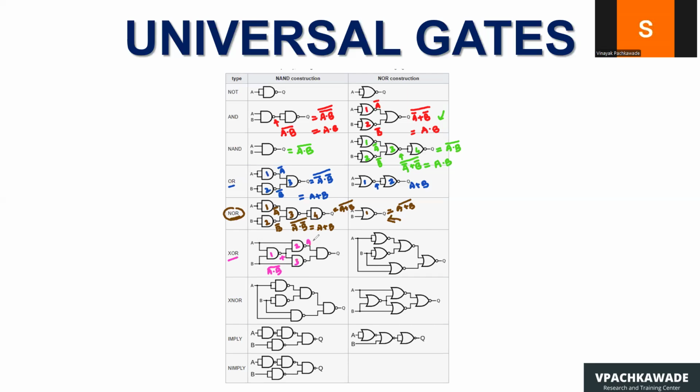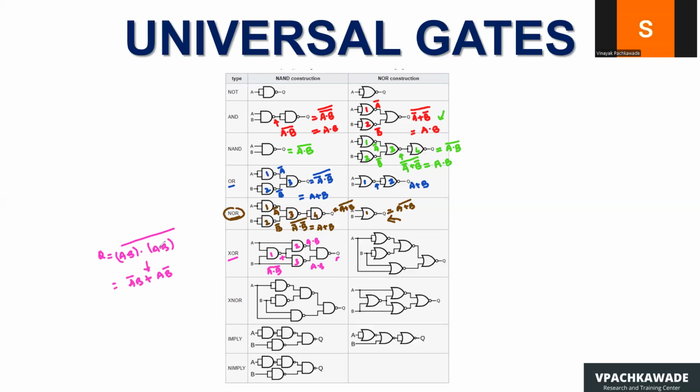Therefore, the outputs here are A and (A NAND B), and B and (A NAND B), and the Q here would be the NAND of those two. So you can see how it is basically the XOR expression, that is A bar B or A B bar. This is how you can simplify it too.